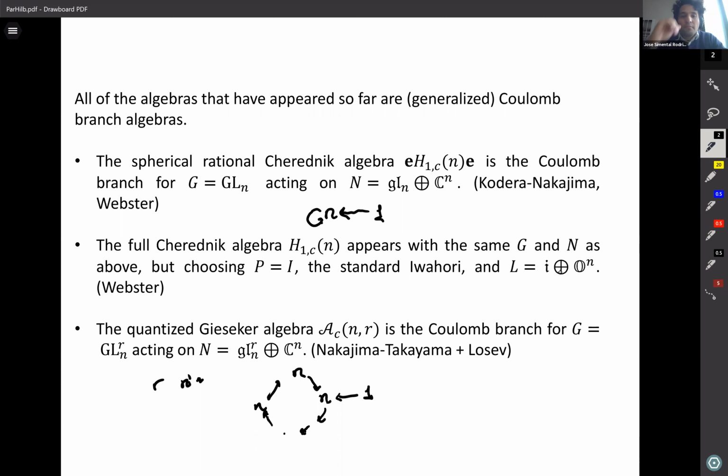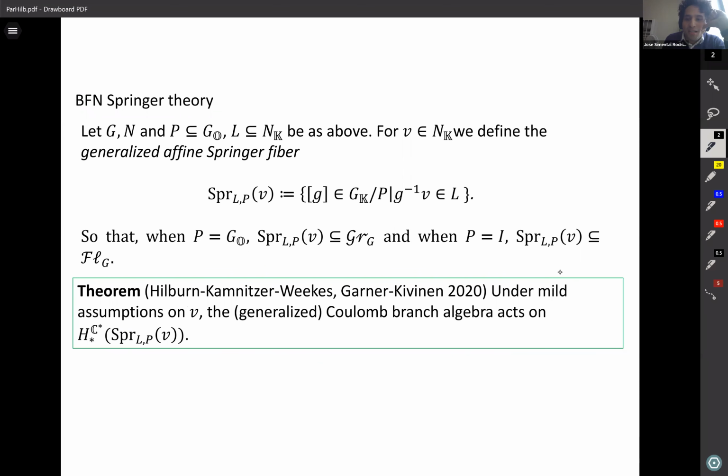And there is a recent very beautiful Springer theory for Coulomb branch algebras that was developed by Hilburn, Kamnitzer, and Weekes and generalized to the parahoric setting by Gardner and Kivinen. Well, we have a notion of generalized affine Springer fiber, which goes as follows. Remember that we have the data of G and N. And for the general situation, we also have a parahoric subgroup and a space stabilized by this parahoric subgroup.